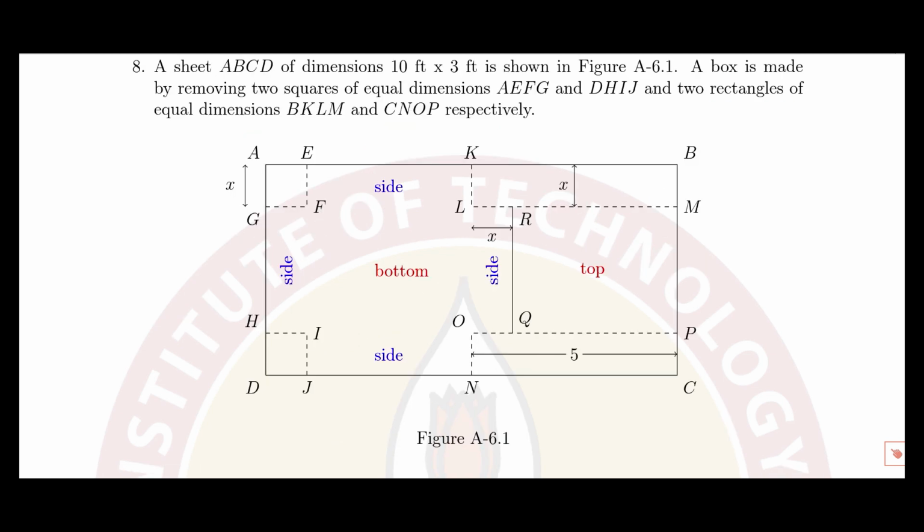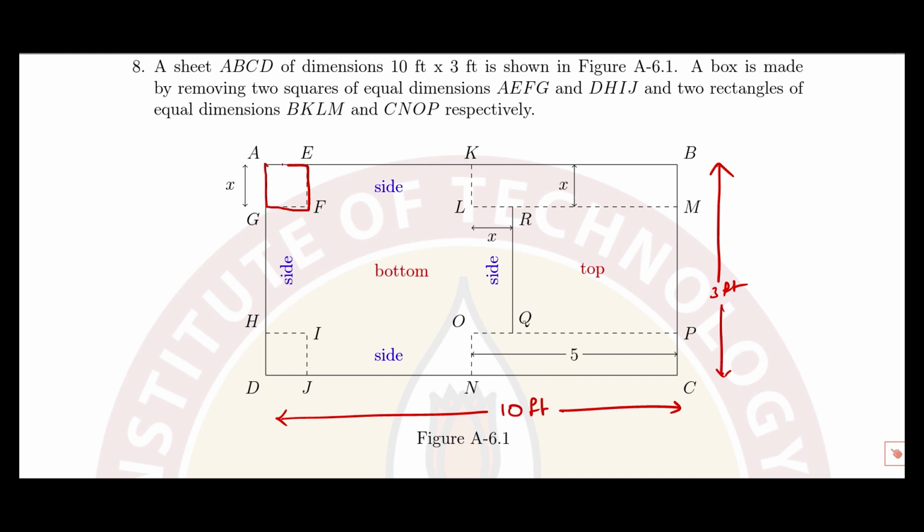Coming to the 8th question. A sheet ABCD of dimension 10 feet cross 3 feet is shown in figure A 6.1. This is given as 10 feet and this is given as 3 feet. A box is made by removing two squares of equal dimensions AEFG and DHIJ.